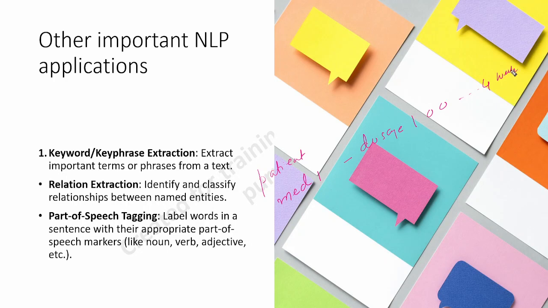So this is relation extraction. That means that we need to link the medication name with the dosage along with the frequency and the duration. That's called relation extraction. Very, very useful application in the medical domain.